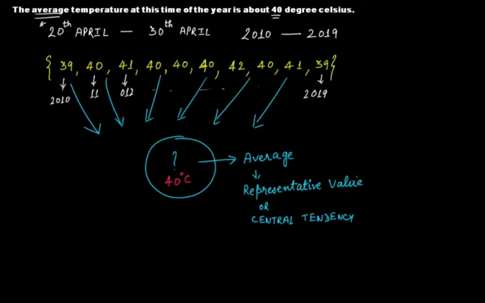That is what a representative value is. This 40 degrees Celsius is a representative value for this set. Or we can say it is a calculation of central tendency, that if this data was given to you and you are told that the average for this data is 40 degrees Celsius, then you can think that the temperature would be somewhere around 40 degrees Celsius. That's the average, or the representative value, or the central tendency.